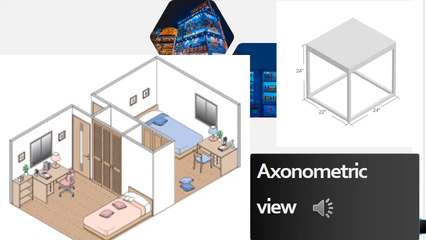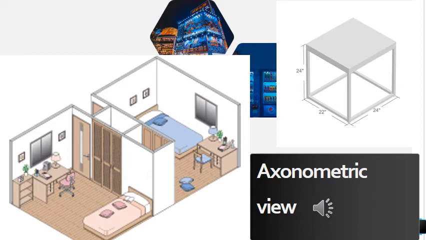In this slide we have two images. One on the right side is almost a table, or you can say a box, and the second one on the left side shows a 3D house, or the interior of a house, in axonometric.